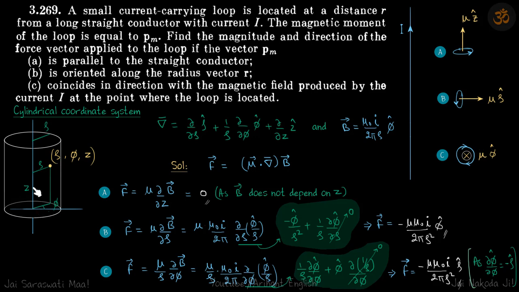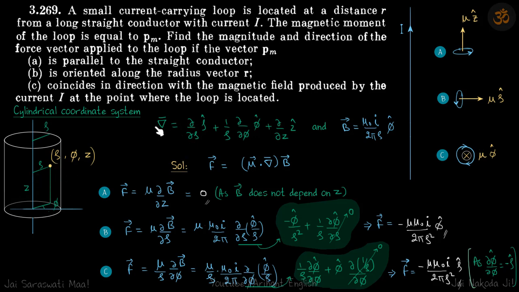And the height at which the particle is, that is z. So by defining rho, phi, z, we can define any point in space. In this cylindrical coordinate system, rho is the radius, phi is the angle made with the x-axis, and z is the height of the point.